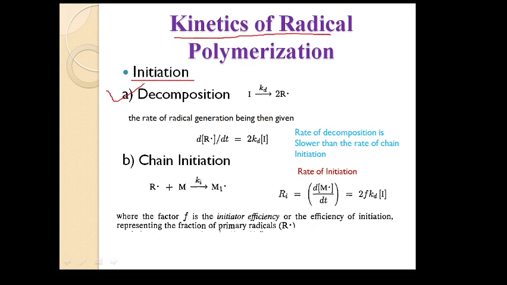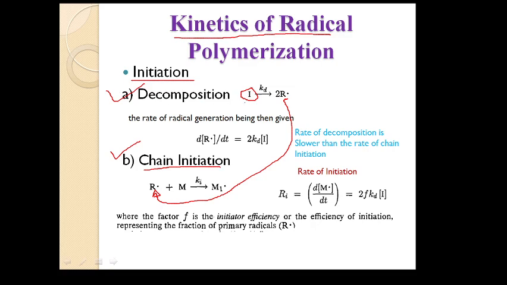First one is decomposition of the initiator, and once the initiator I is decomposed into radicals, those radicals take part in the next process, where chain initiation occurs. So there are two steps in initiation of the radical polymerization, that is decomposition of initiator followed by chain initiation. These two steps are so fast that we cannot separate them on time interval. So let us talk first about the decomposition.